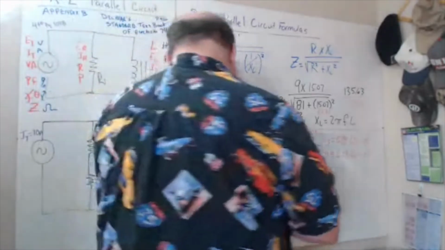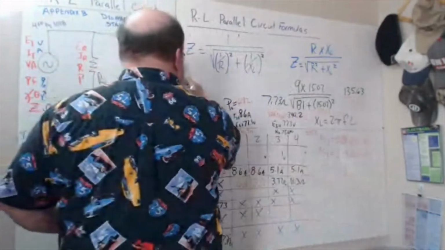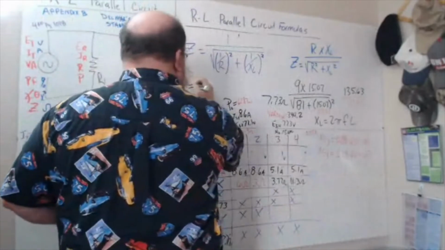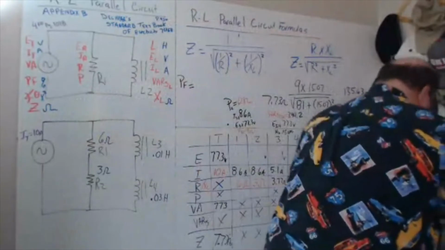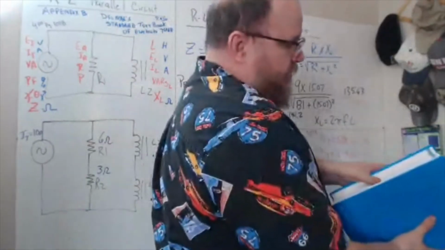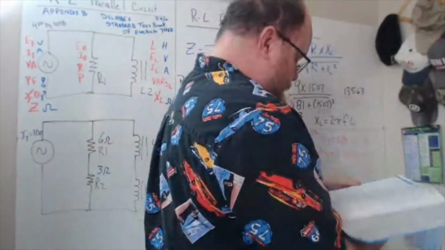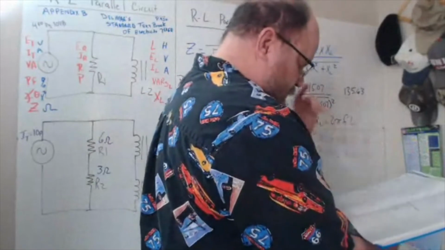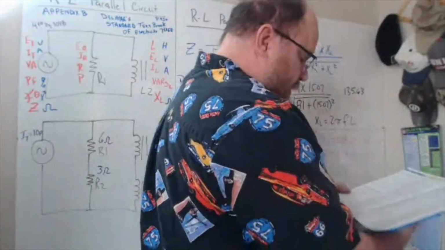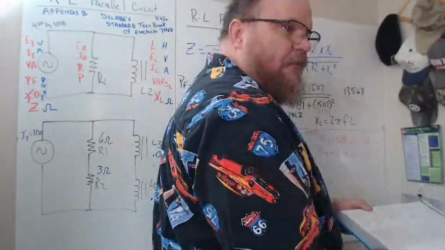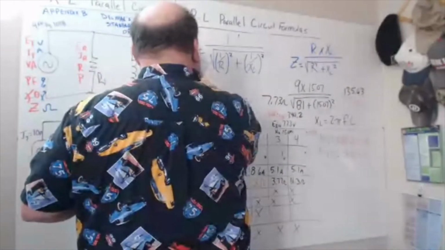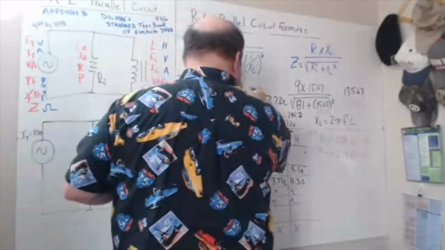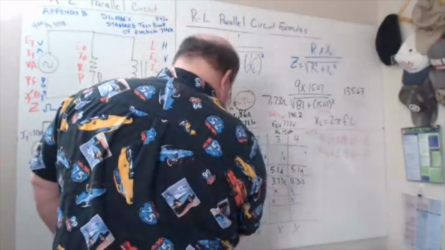And to find my power factor, I'm going to check the book, go to the appendix, parallel circuits, and look for power factor. Power factor we can use is power over volt amps. We have the power here, and we have the volt amps right here.